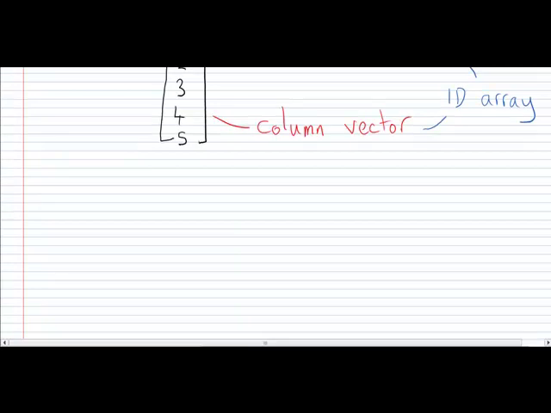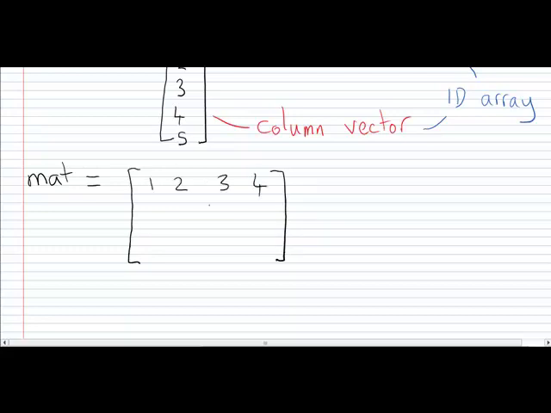We then looked at the idea of a matrix as being a two-dimensional data structure. So it's an array in 2 dimensions. So let's call this matrix mat for matrix. And let's assume that it has some arbitrary data in there: 1, 2, 3, 4, 5, 6, 7, 8, 9, 10, 11, 12.